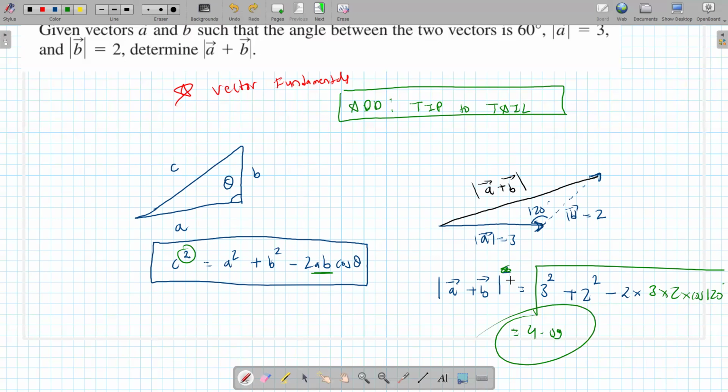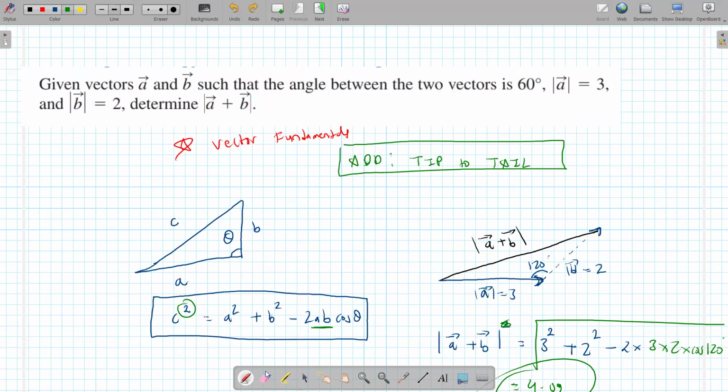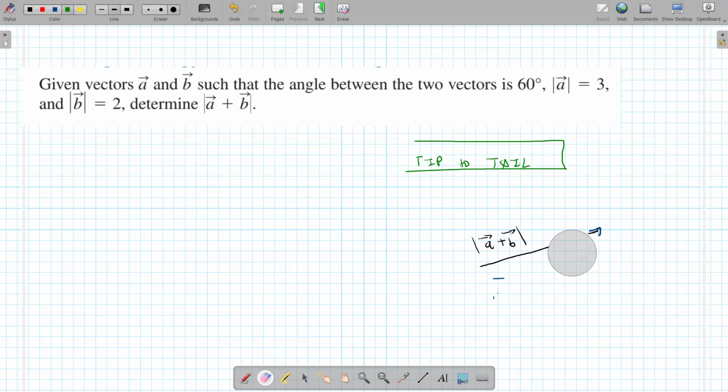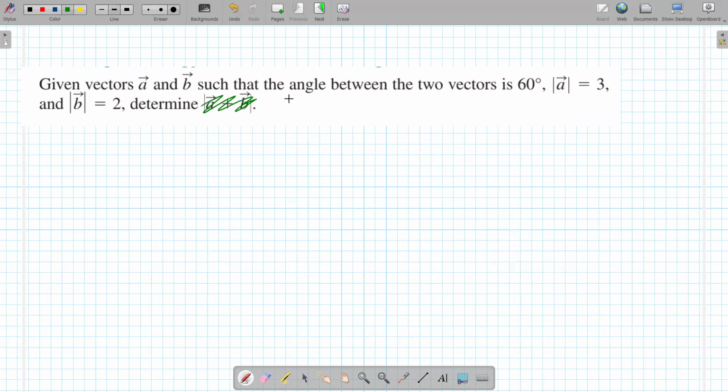So this is how we did it when we added them. Now we're going to do the same thing, except instead of determining a plus b, we are going to determine the magnitude of a minus b, like that. Now, how does this work? What you do with something like this is this.